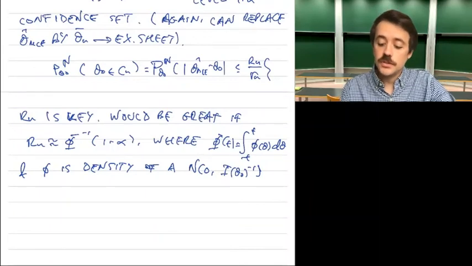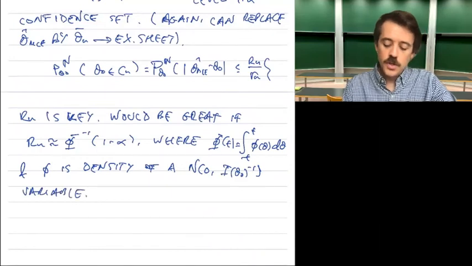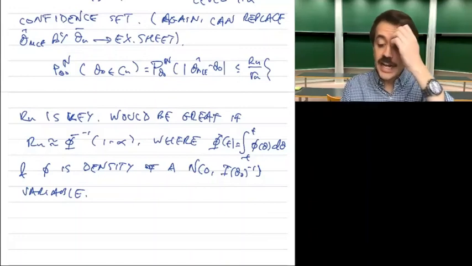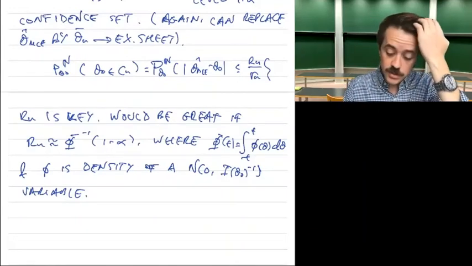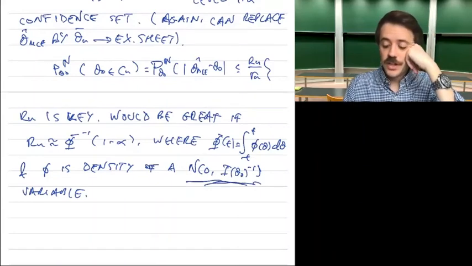This is a variable. So this is the right quantity that we wanted, because z alpha was exactly this value for this distribution. Let's then try to prove something like this.